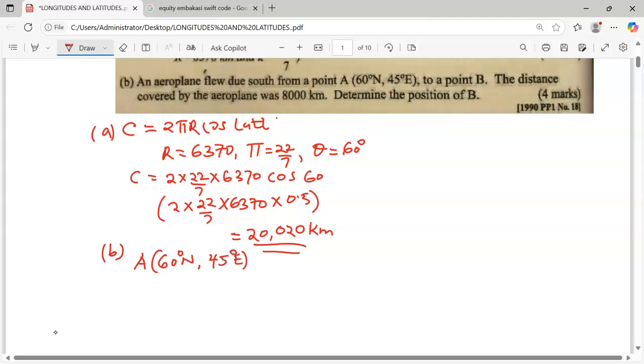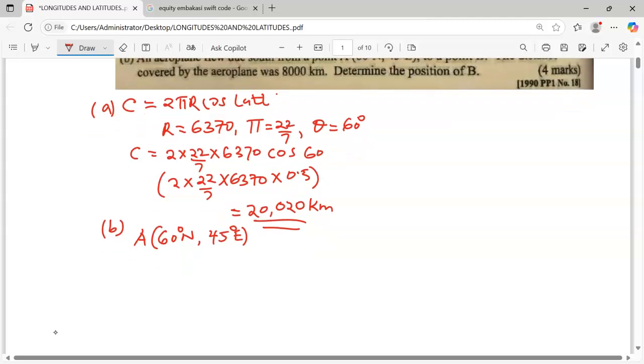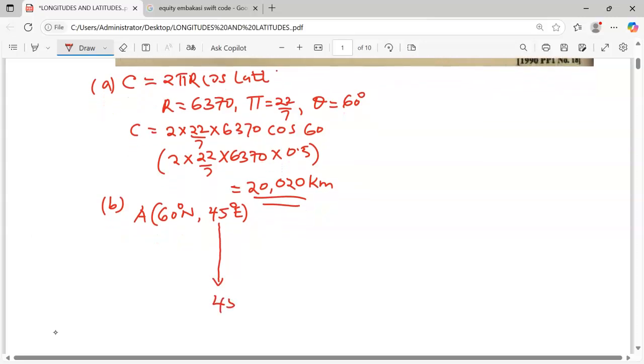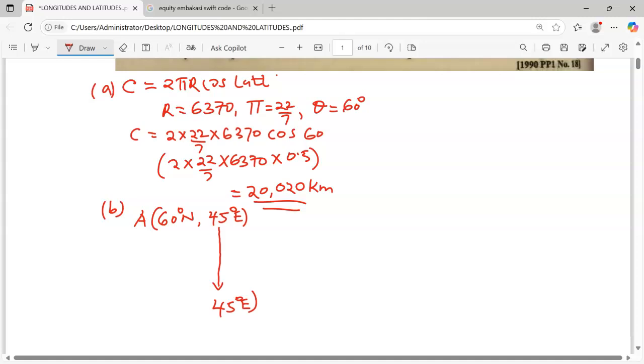We are having the aeroplane flying due south. That means it is going to maintain the longitude 45 degrees east, but we do not have the latitude position of point B.